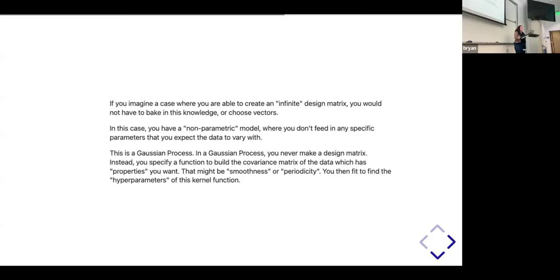You can think of a Gaussian process at some level as this, but with an infinite design matrix to make it non-parametric. As I said, GPs are a place where you're going to have a very flexible model. You're going to have a model that does incorporate uncertainties because you haven't made a decision with a design matrix that looks like this.